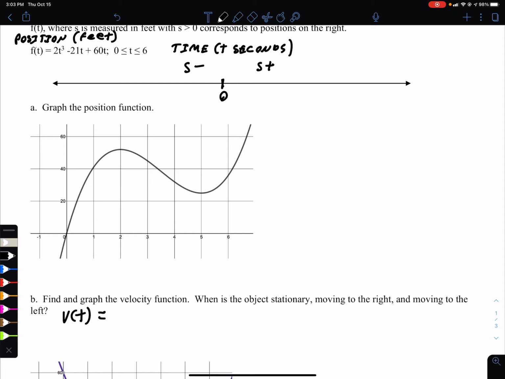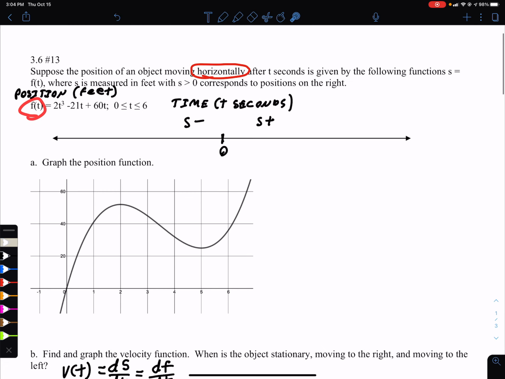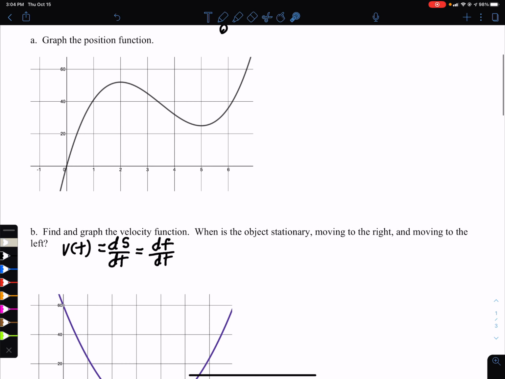So it's measured by change in position, which is s, over change in time. Our position function is f, so you could also say df dt, but it's also defined as s, so you can look at it either way. The change in f over change in time is the velocity, and in this case it's going to be f prime of t, because that's equivalent to that.